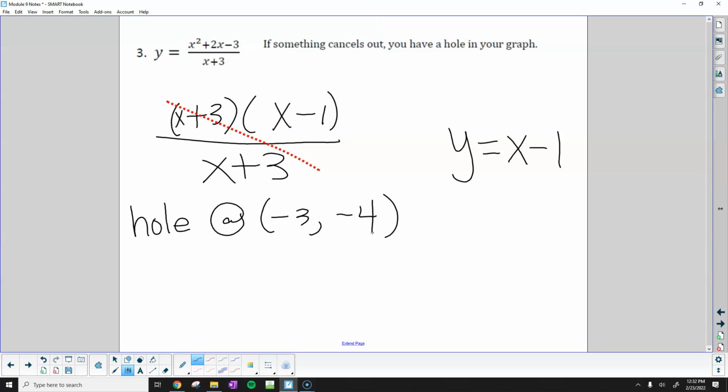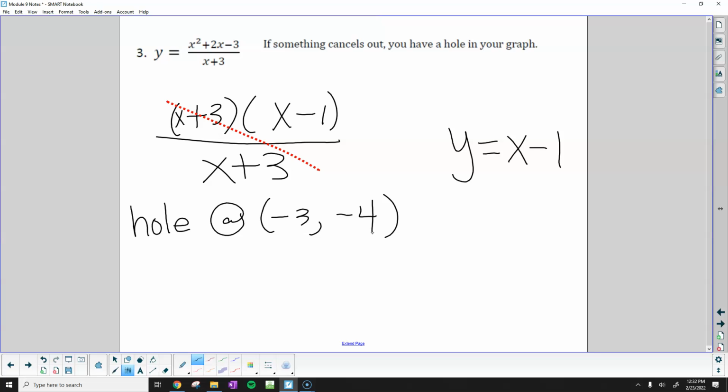So -3 minus 1 for the hole. Remember, these canceled out. And we have a hole at -3 because if x equaled -3, it would be undefined. And to figure out where that hole exists on the coordinate plane, you have to plug in the -3 to find the y coordinate.